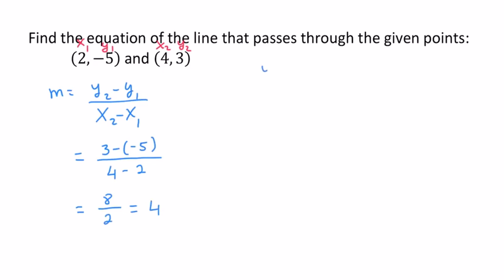So for the equation of the line, we have y minus y1 is equal to m times x minus x1. And here again, the y and the x, we don't replace with any number. We only replace y sub 1 and x sub 1 as well as the slope.